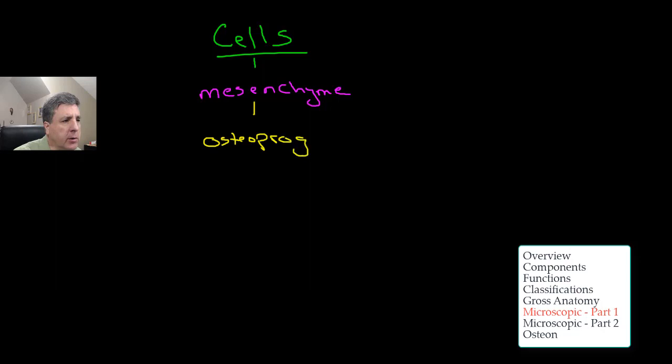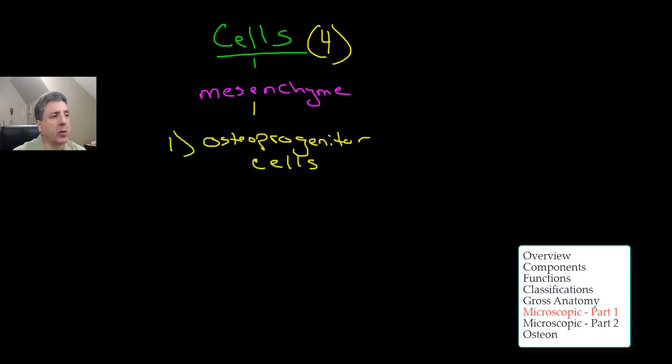Osteoprogenitor cells. Before we go further, there are 4 cell types associated with your skeletal system. So let me just put 4 up here. This is going to be number 1. They all originate from mesenchyme. Mesenchyme differentiates into an osteoprogenitor cell.